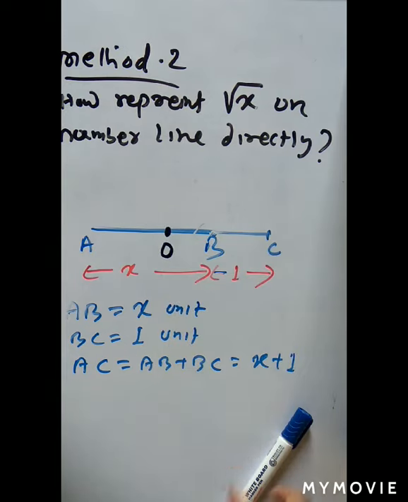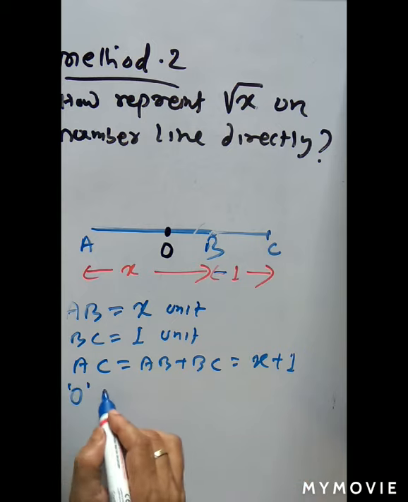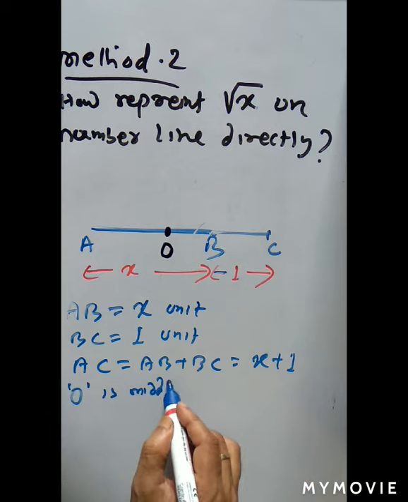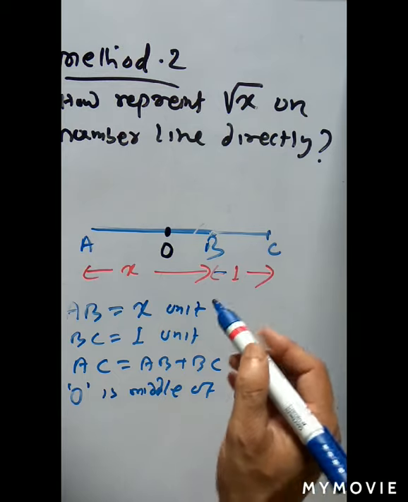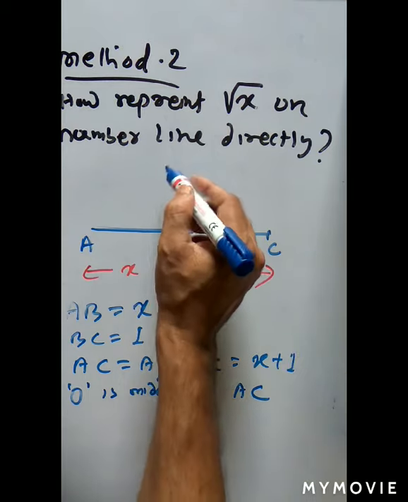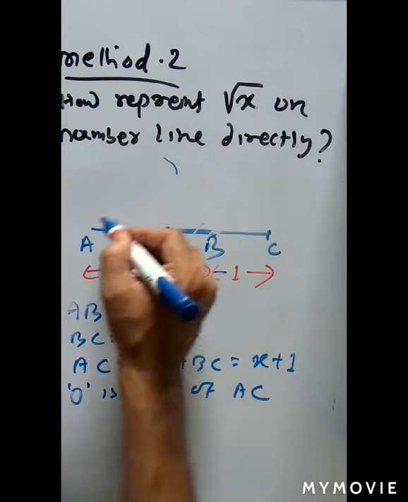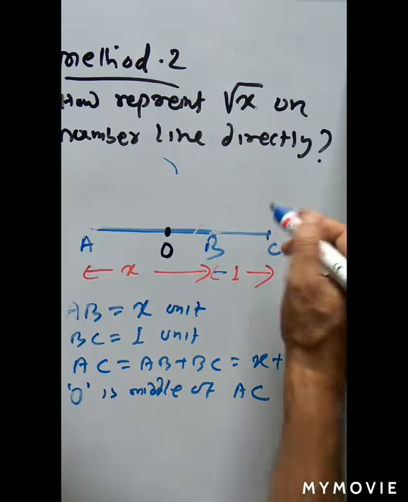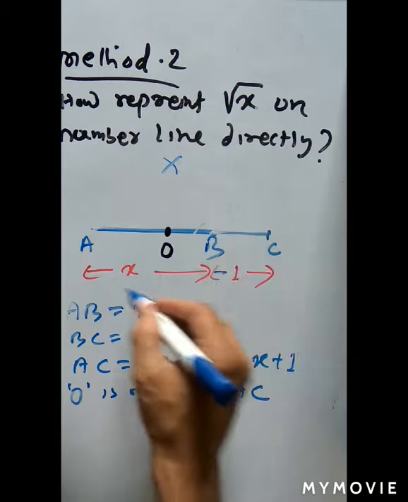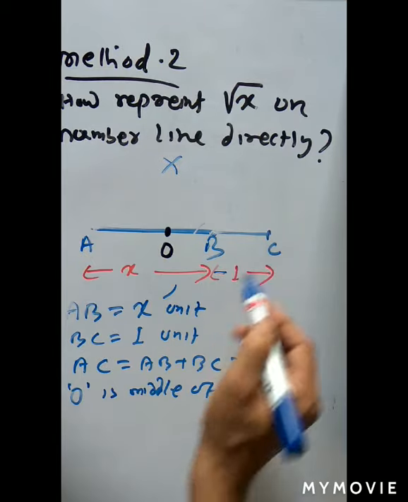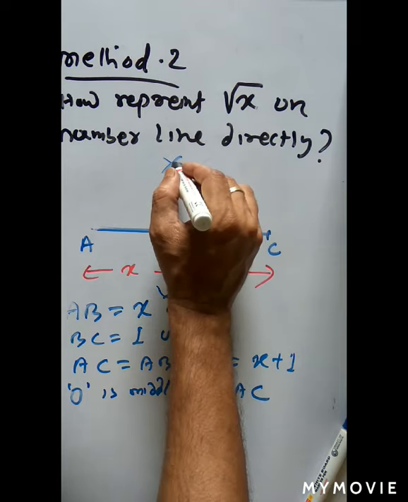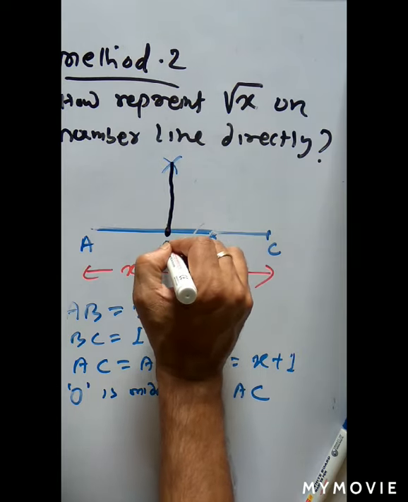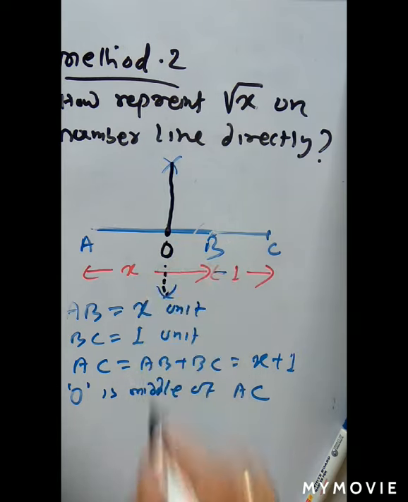So what is point O? O is the middle of the line AC. How will you find the middle point? Using a compass, from A you take an arc, and from C you take an arc here. Just join these, so you will get the middle point.